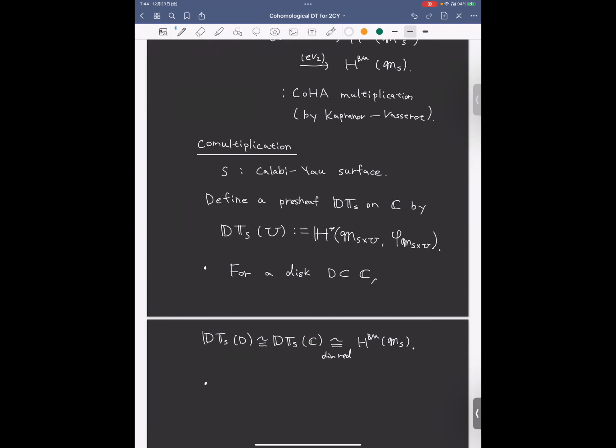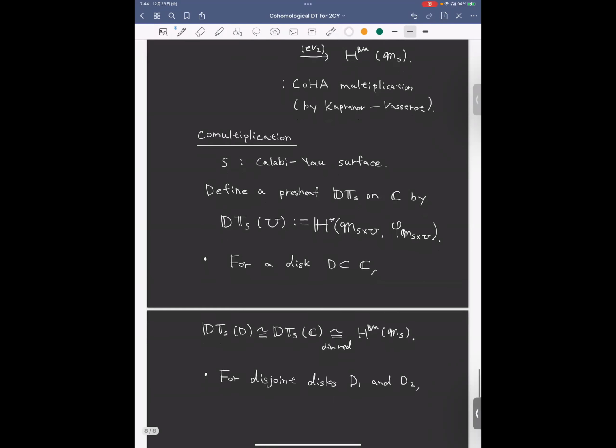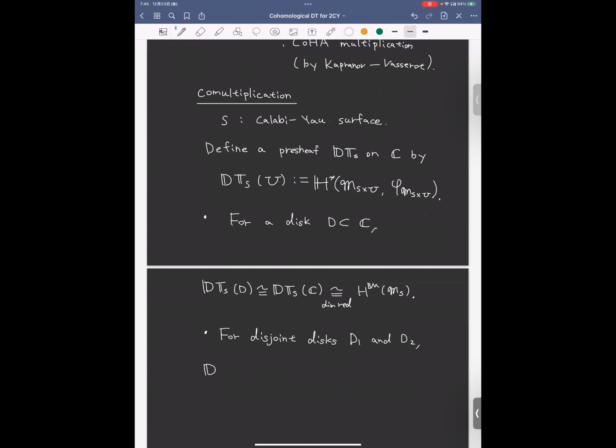And for disjoint disks D1 and D2, the value of this presheaf at D1 disjoint union with D2 is isomorphic to the Borel-Moore homology of M of S tensoring with its copy.